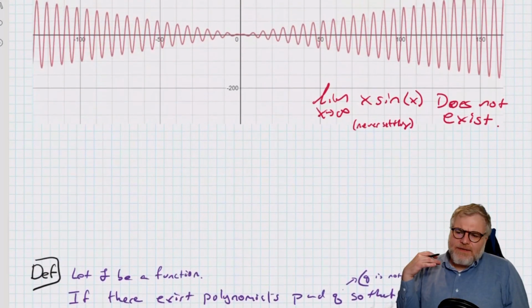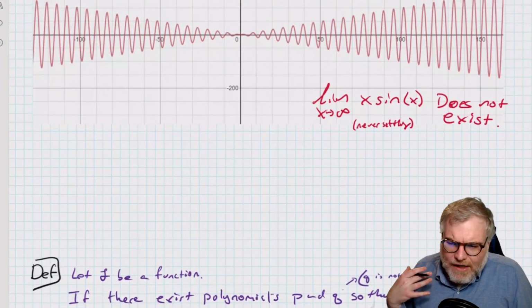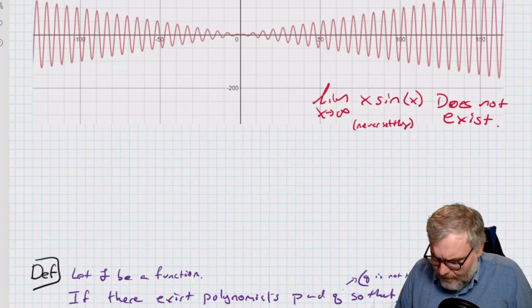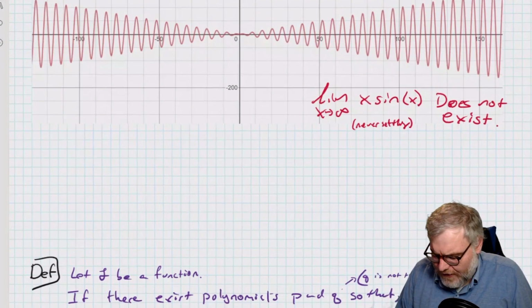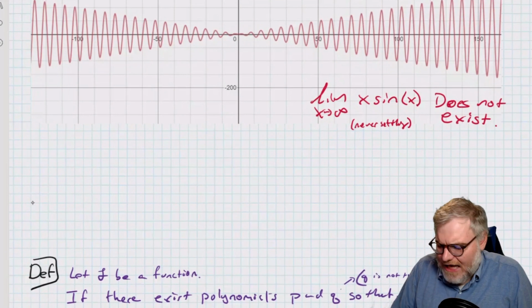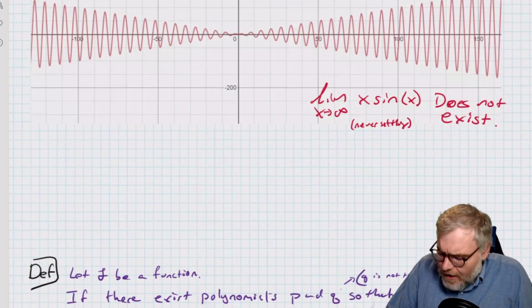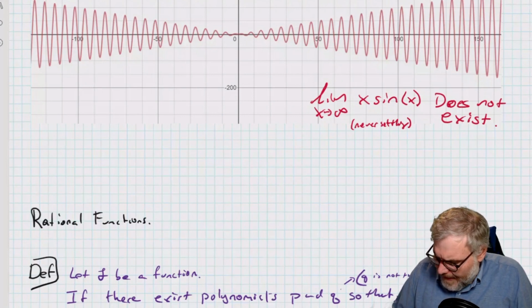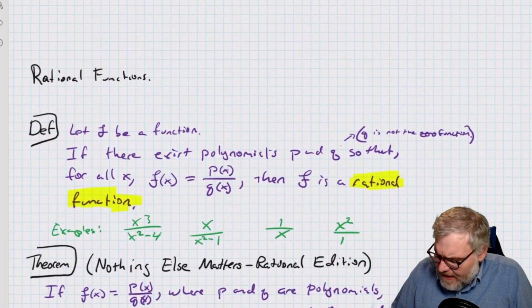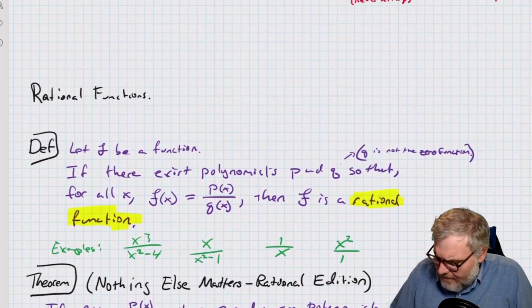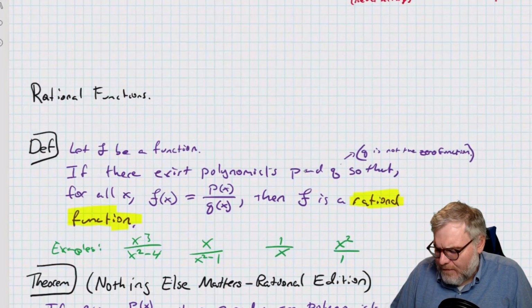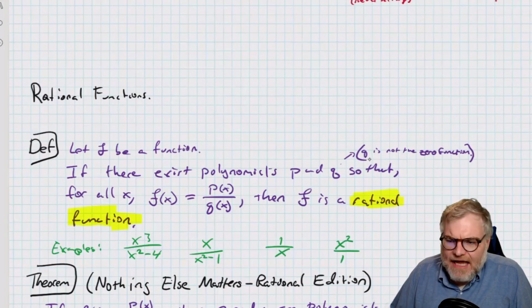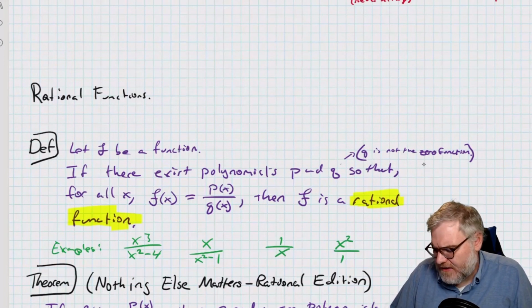Now, the things that we normally run into when dealing with infinity are rational functions, and functions that are rational-ish. So let's go ahead and give a definition for a rational function. Okay, so f is a rational function if there exist two polynomials p and q where q is not the 0 polynomial or the 0 function.